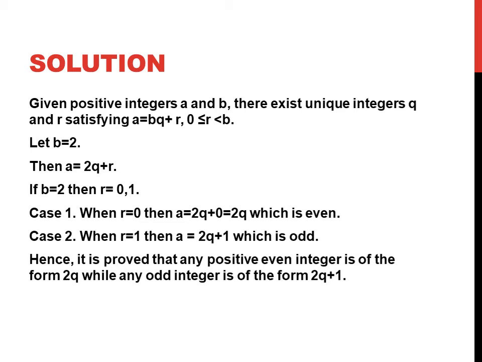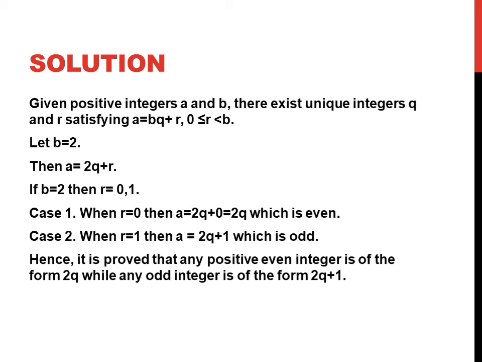As a here is equal to 2q, which is a multiple of 2, we can see that a is even. Fine. Now case 2 is when r is equal to 1, then a is equal to 2q plus 1.